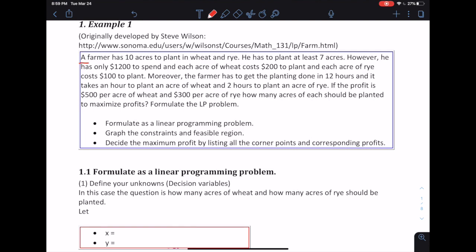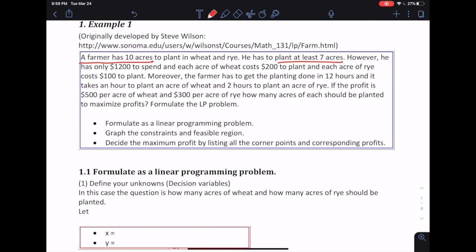For example, here, a farmer has 10 acres. That means the total available land is 10 acres. Given this land, he is planting wheat and rye. He has to plant at least 7 acres. This is another piece of information. The land use must be greater than or equal to 7 acres.